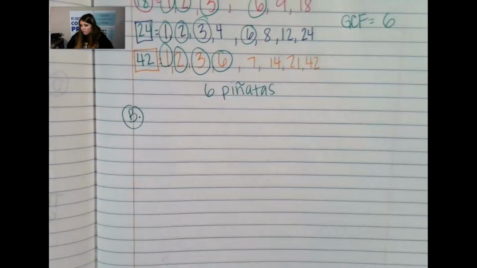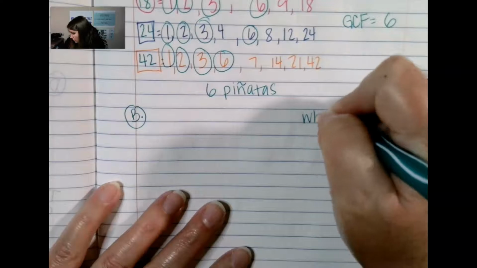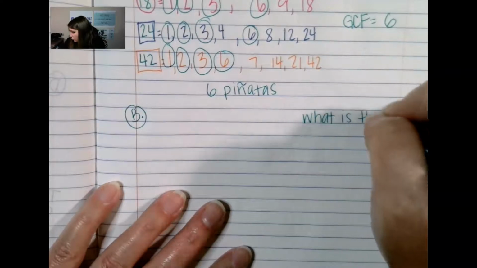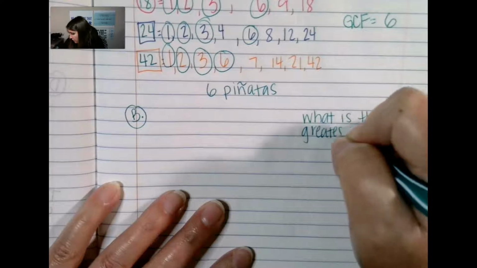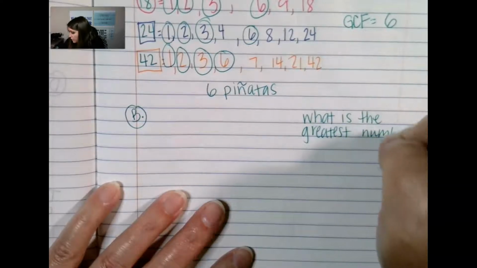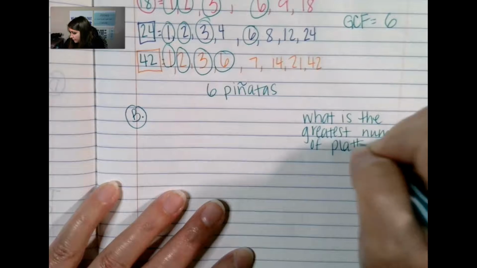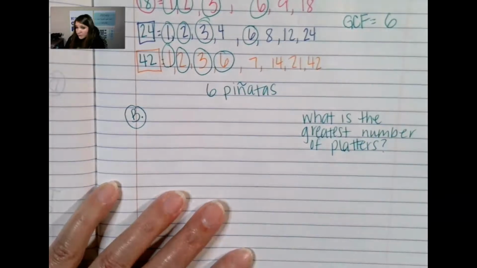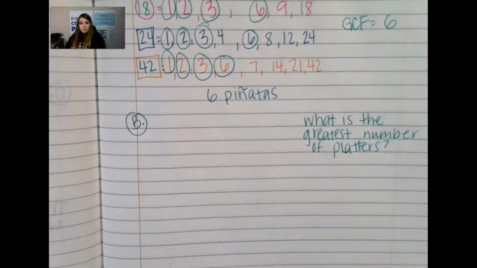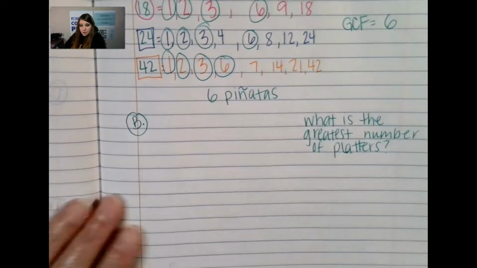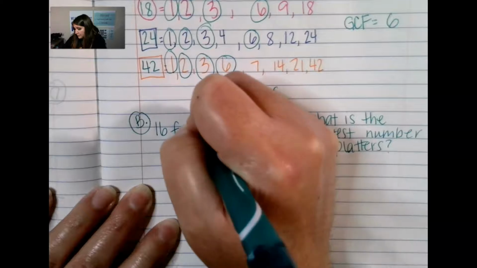So let's start out first talking about the question. What is the greatest number of platters that we can make with no food left over? We have 16 fruit kebabs.